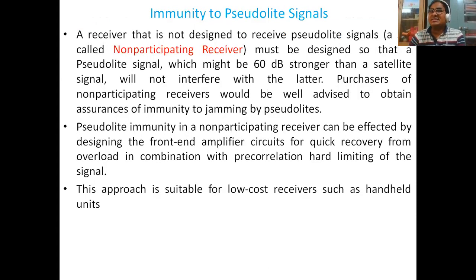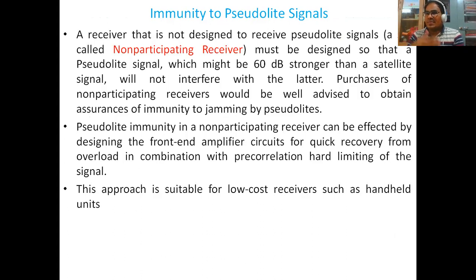And there are some receivers which are called non-participating receivers. A receiver that is not designed to receive the pseudolite signal is called a non-participating receiver. It must be designed so that a pseudolite signal which might be 60 decibels stronger than a satellite signal will not interfere with the latter.